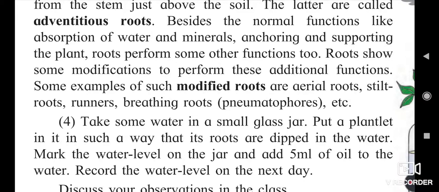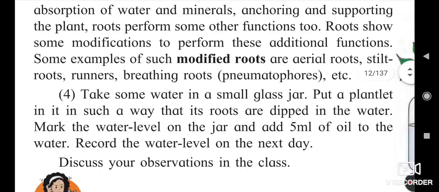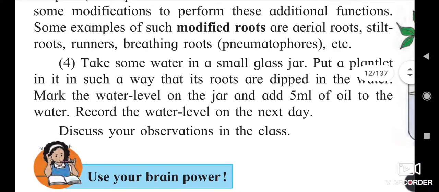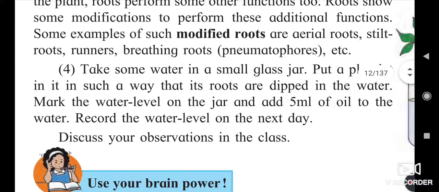For this we have to do an experiment. Take one small glass jar and put the plantlet in it in such a way that its roots are dipped in the water. Mark the water level on the jar, add 5 ml of oil to the water, and record the water level the next day.